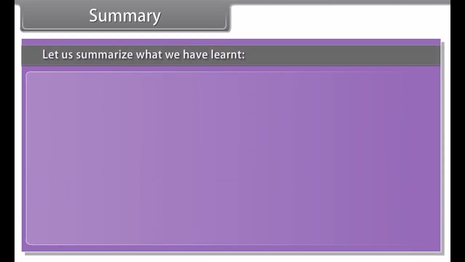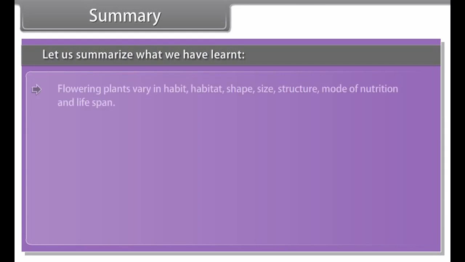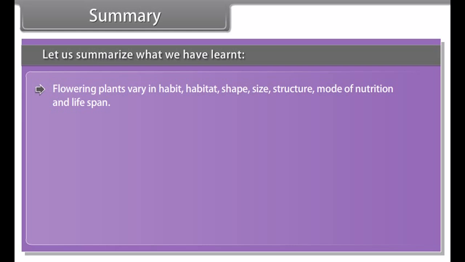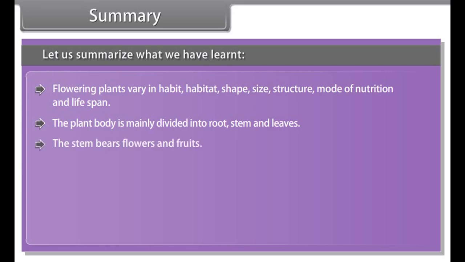Let us summarize what we have learned. Flowering plants vary in habit, habitat, shape, size, structure, mode of nutrition, and lifespan. The plant body is mainly divided into root, stem, and leaves. The stem bears flowers and fruits.